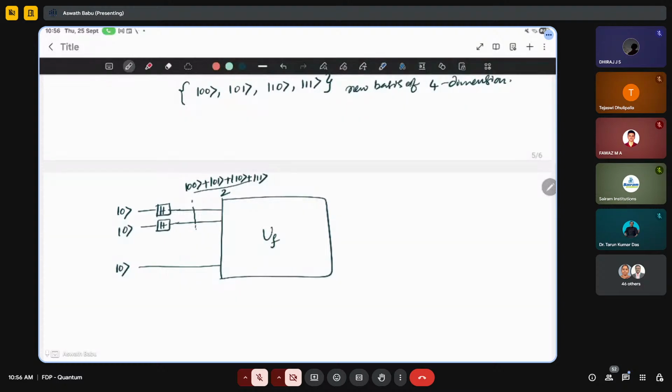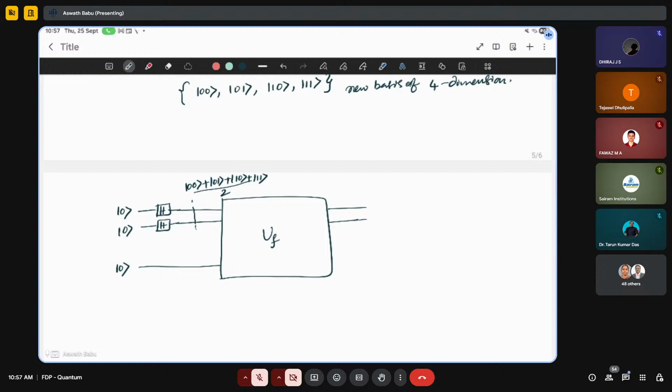So if you do that, I would be getting some control output. I am not bothered about the control output. What I am more bothered about is what comes at the target. That is the information which carries, right? So what happens at the target is more important for me.